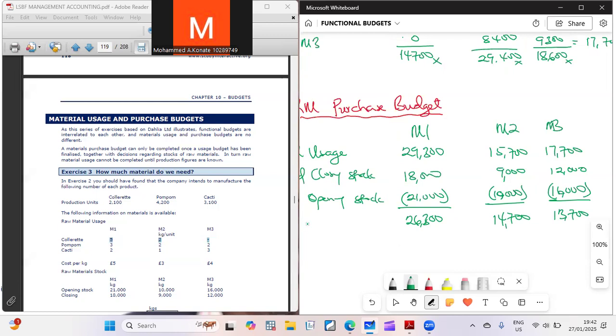And you are given the prices, right? So this is the raw material purchase. The cost per unit: this one is 5, this 3, then 4.